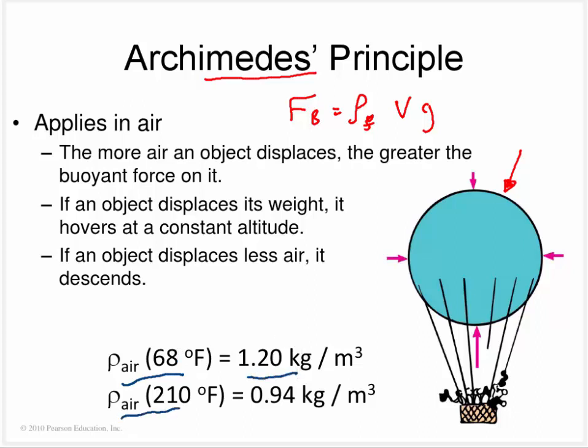The density of hot air is going to be much less, about 0.94, and as long as the density of the hot air is less than the density of the air, then it's going to rise, and the more air that it displaces, the larger the buoyant force. So if it displaces its weight in air, then it's just going to hover there. If it displaces less air than what it weighs, then the hot air balloon is going to go down.